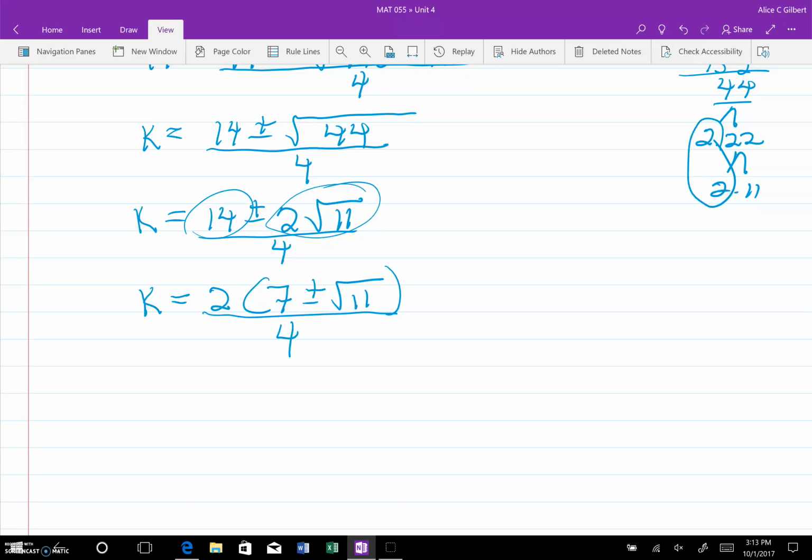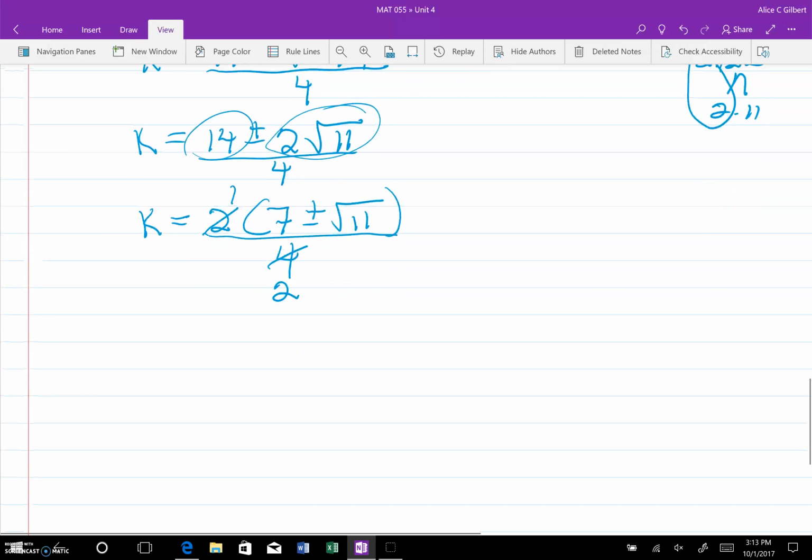And now, because the 2 is being multiplied with a quantity 7 plus or minus the square root of 11, I can cross-cancel these. And I must to get this into lowest terms. And so my final answer, again, please write it like this, not like the book does.